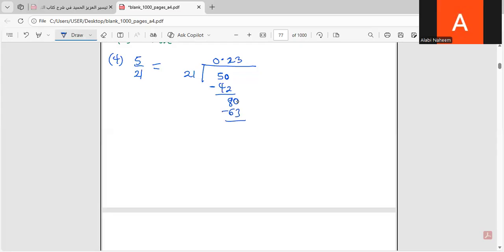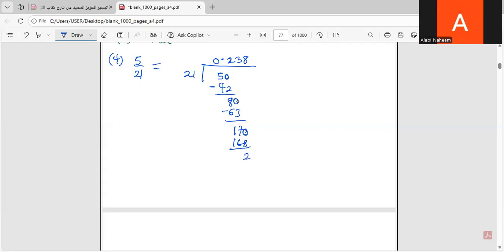Subtract: 80 minus 63 is 17. 17 is smaller, so you include 0. 21 in 170 is 8. 21 times 8 is 168. Subtract, you have 2.